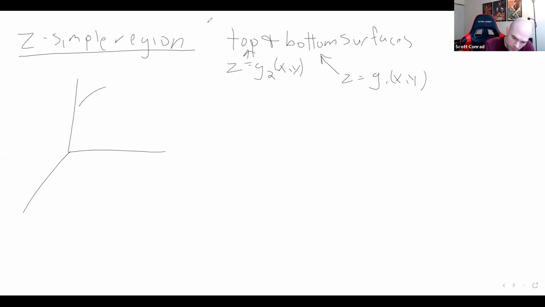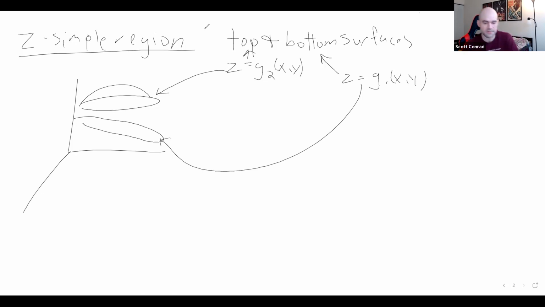So say we have a top surface and a bottom surface. Let me draw this a little better. So there's our top surface, there's our bottom surface, and then x and y, when we project this down, so if you think of taking this solid region and smashing it down to the xy plane, projecting it down there, the shadow of that guy is going to be where x and y live.